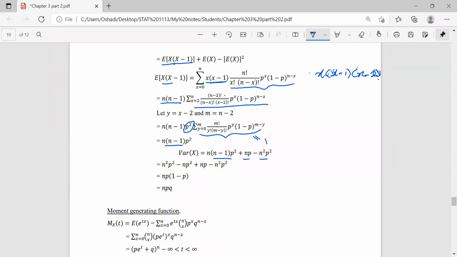Then finally we end up with this expression. So the variance of a binomial distribution is given by NPQ. The mean is given by NP and the variance is given by NPQ.